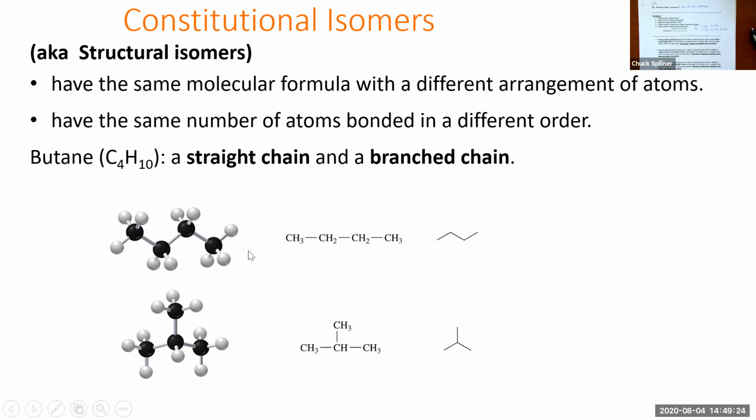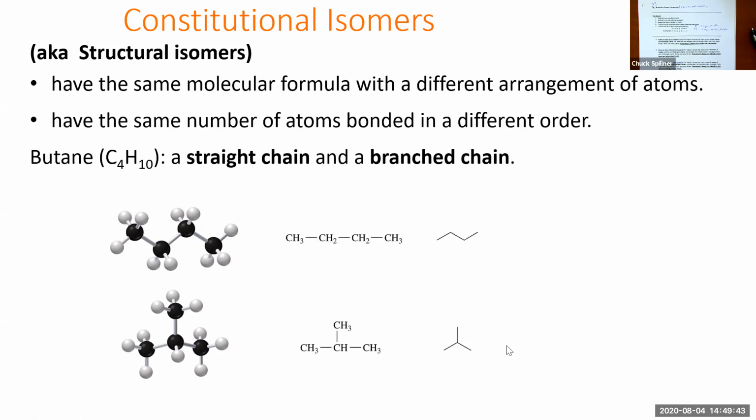Now, if we take these 4 carbons and make a chain with 3 of them, but then put 1 branch off of it, we have a new molecule. The 3 carbon chain is called propane. So this is a derivative of propane, and it's called methylpropane.